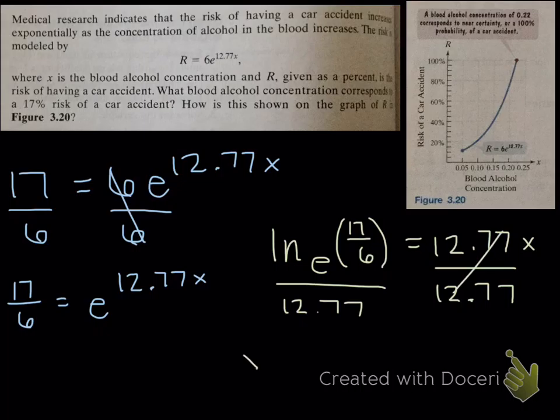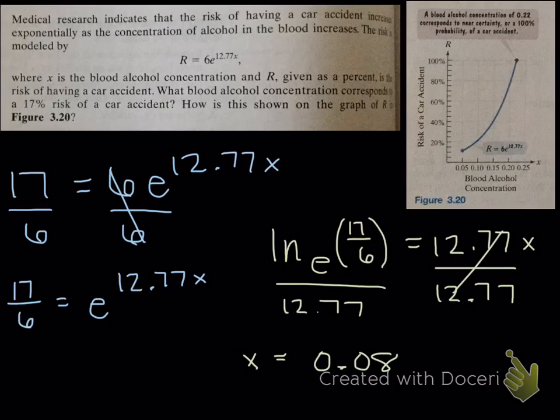So the way you would type this in the calculator, you would do ln 17 divided by 6, close the parenthesis, then divide that whole quantity by 12.77. And when we do that, we get approximately 0.08. So that means for a blood alcohol concentration of 0.08, you run a 17% risk of getting in a car accident.